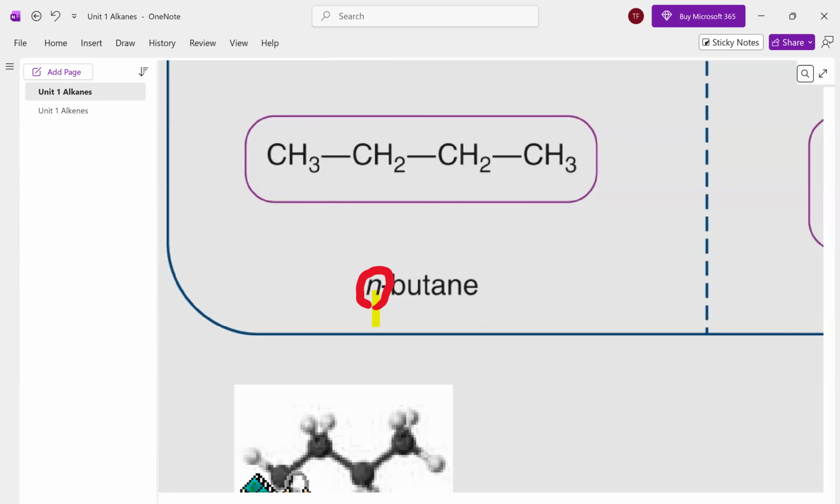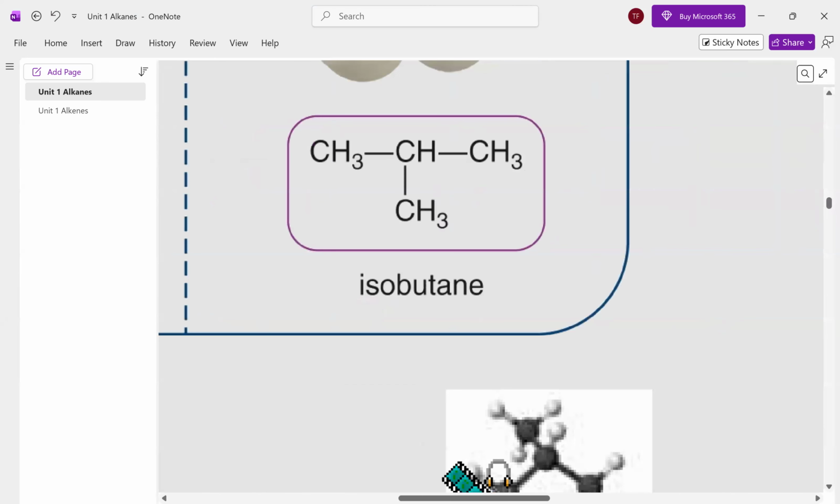What does that mean? That stands for normal. Okay, normal. Now, this has got four carbons, right? Four carbons. Now, let's look at the backbone first.